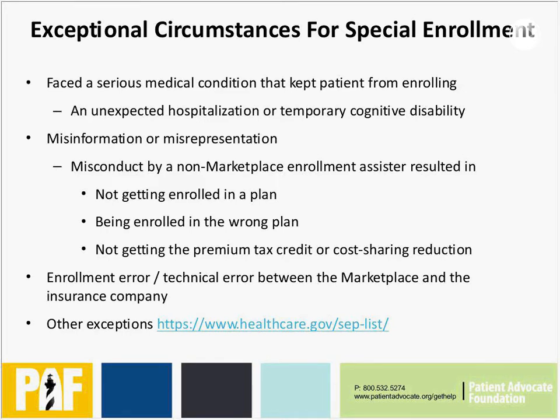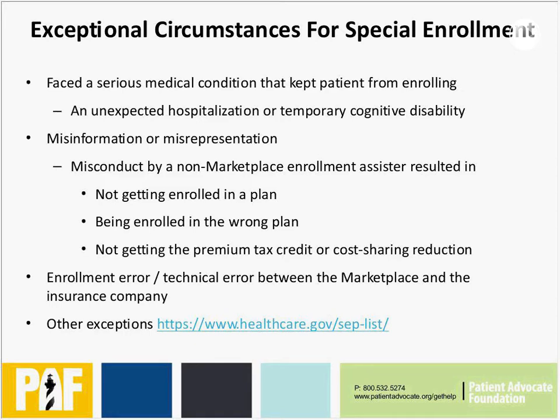If you receive misinformation, misrepresentation or misconduct by a non-marketplace enrollment assister that resulted in not getting enrolled into a plan when you thought you had, you got enrolled into the wrong plan because of bad information or the wrong assistance, or you didn't get the premium tax credit or cost-sharing reduction that you were eligible for and therefore were unable to get enrolled or thought you couldn't afford it, all of those can be considered to open a special enrollment window for you later in the year.